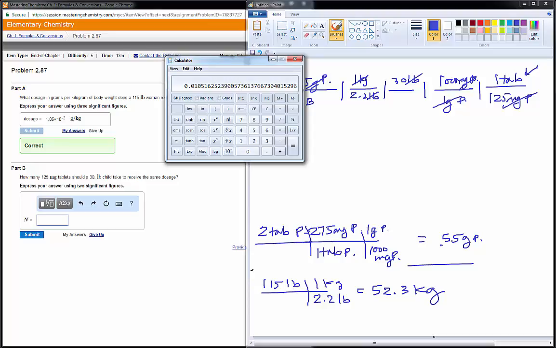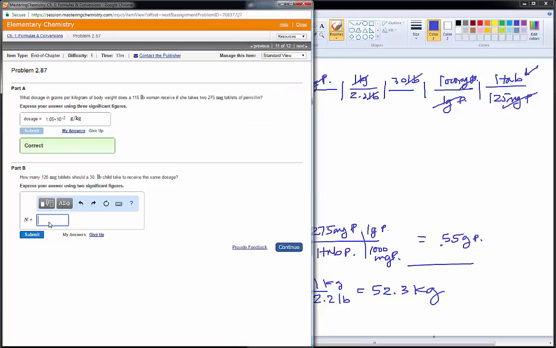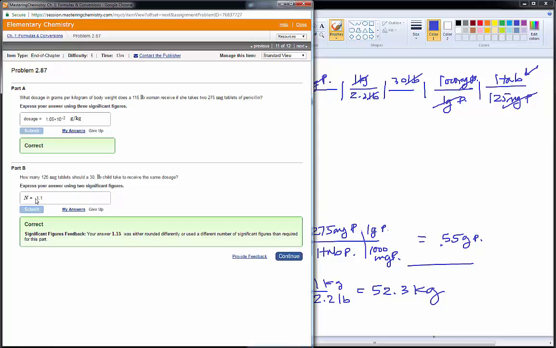So here we go. 0.0105 divided by 2.2 pounds in a kilogram, multiplied by 30 pounds, multiplied by 1,000 milligrams in a gram, and divided by 125 milligrams in a tablet. Looks like we're at about 1.15 tablets. Okay, now that's about 1 tablet, so she's not going to get exactly the same dose, but approximately the same dose if she takes 1 tablet.